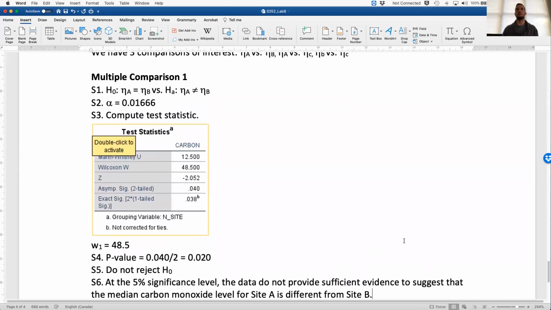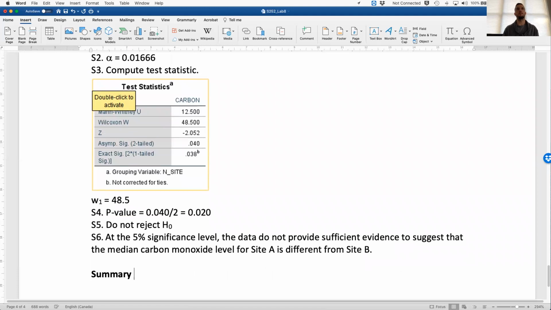Now what we can do instead of doing it this way is actually just summarize all of the tests directly.